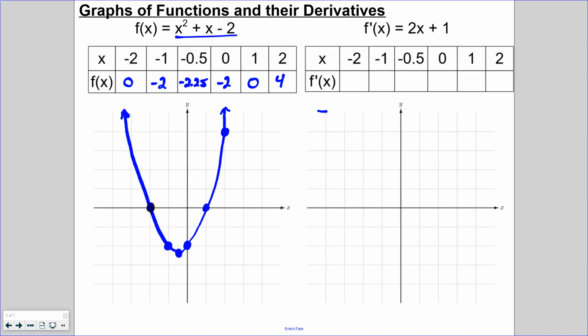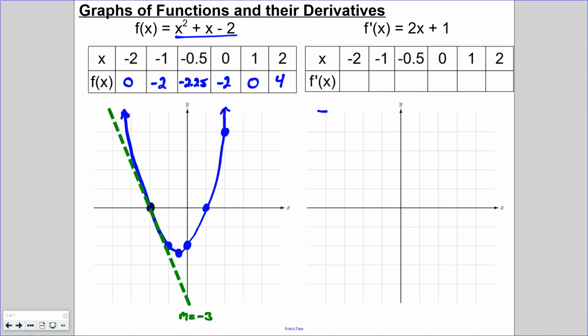Now to do that, we would go through and draw the tangent lines. So let's just sketch some tangent lines. These would be roughly what the tangent lines are. So there's the tangent line through the point x equals -2. And again, this is just a sketch of the graph. But due to some behind-the-scenes work, I will tell you that the slope of this particular tangent line is -3.